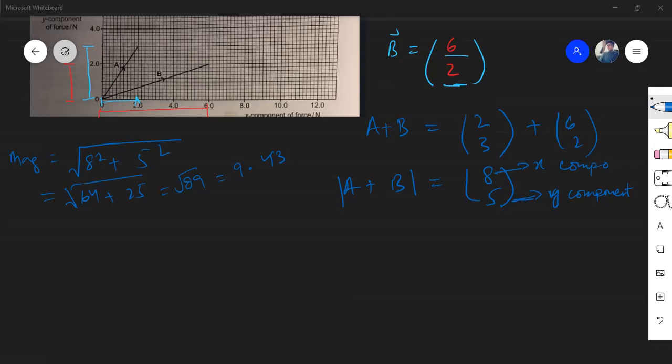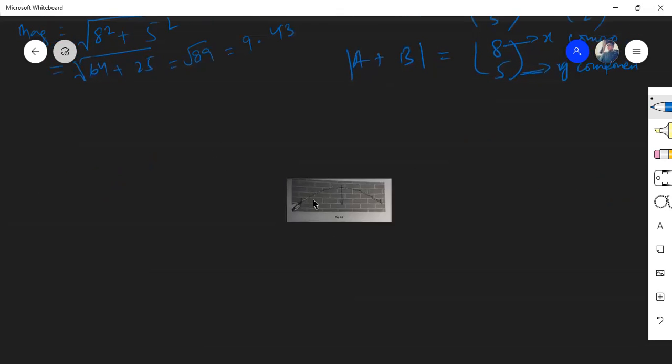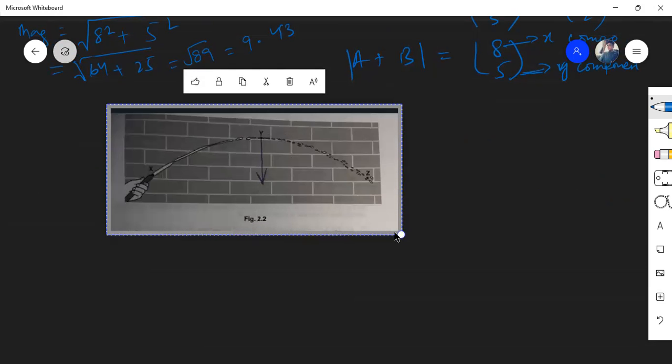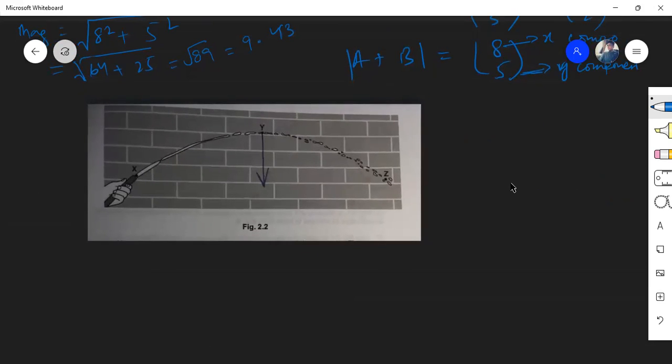Okay, describe how the vertical component of velocity of the water changes from x to z. Let me do this question with you, and perhaps this is the last question I need to do with you.